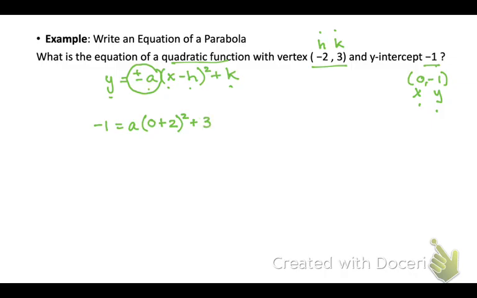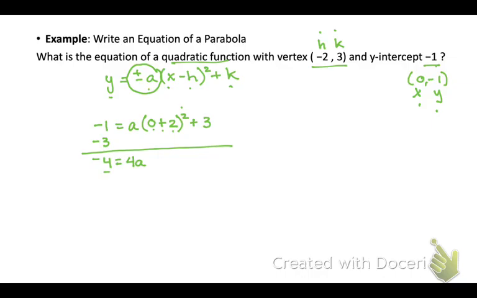Helpful hint, guys: subtract your 3 first. So negative 4. And then 0 plus 2 is 2. 2 squared is 4. And that is 4 times a. We subtracted the 3 already. Now what?